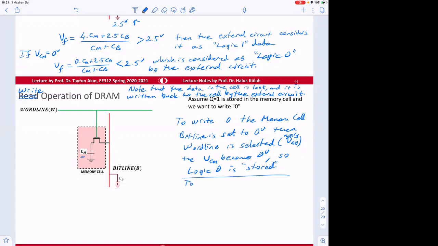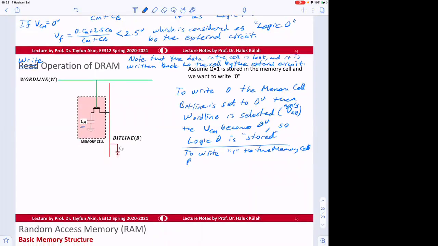To write 1 to the memory cell, the bit line is set to 5 volt. Then the word line is selected, like VDD is applied.